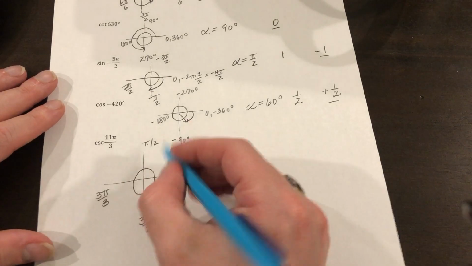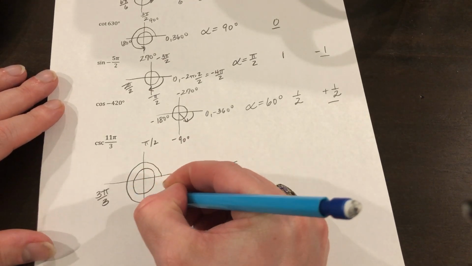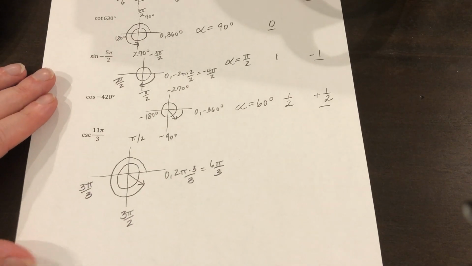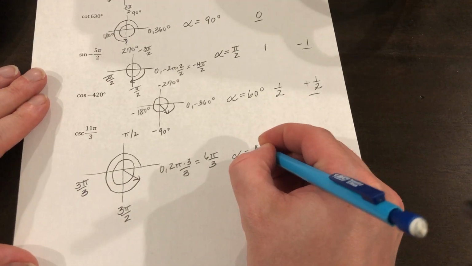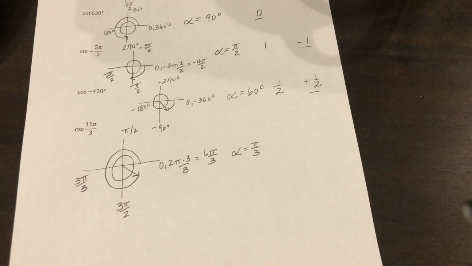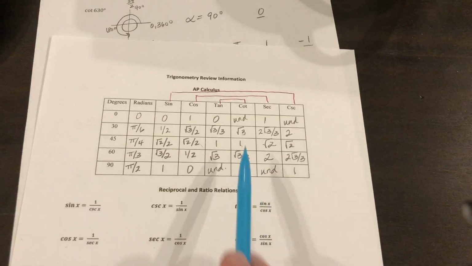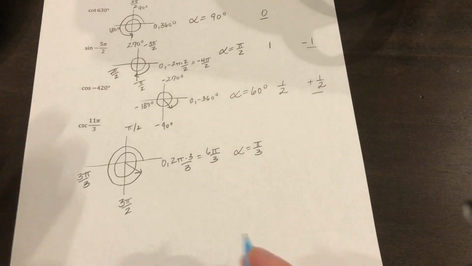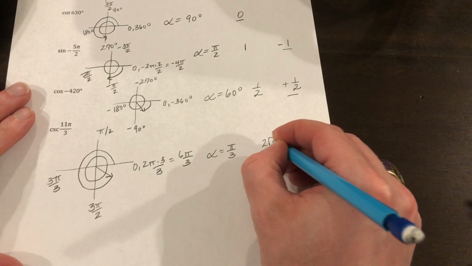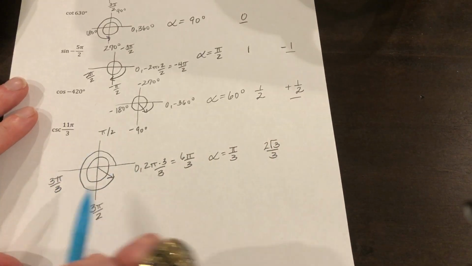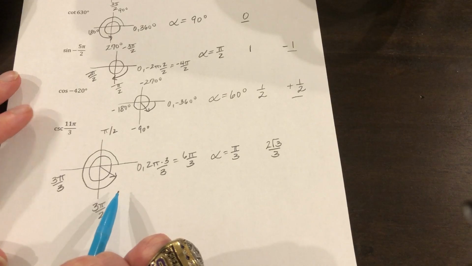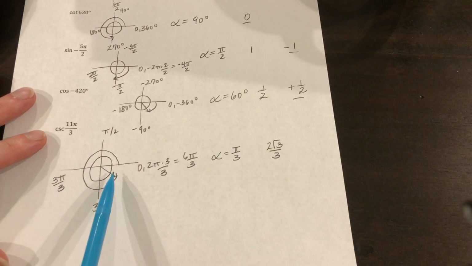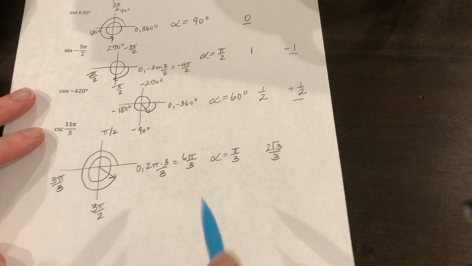And I have 5 left over, so 5 pi over 3 is going to land us over here in quadrant 4. Our reference angle is going to be pi over 3. We're going to go to our trig chart. Cosecant of pi over 3 is 2 square root of 3 over 3. All students take calculus. Okay, so cosecant is going to be dealing with sine. Okay, it's not cosine or secant. So it's not positive in quadrant 4, so it'll be negative.